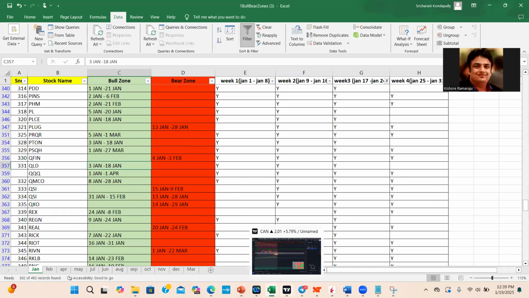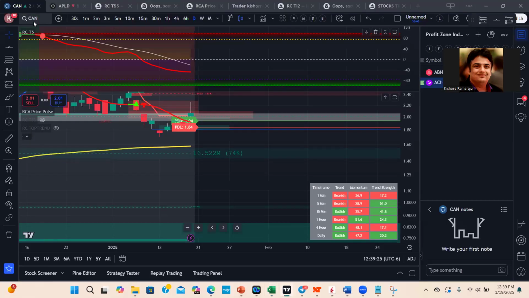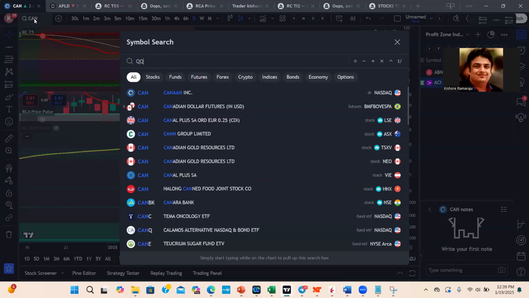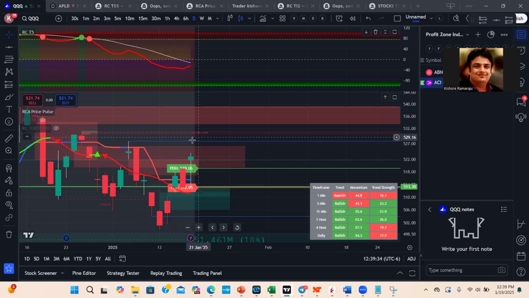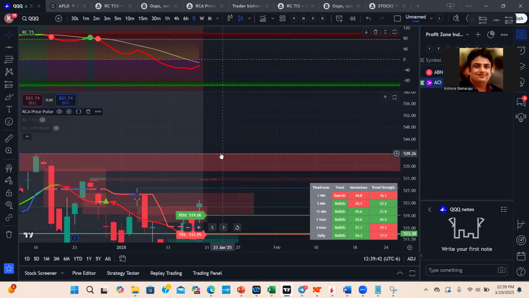QLD, 3rd June to 18th June. Yeah, QQQ is still overall bullish. It can go all the way to 530 tomorrow or in the next 2, 3 days. We can see 530, and your 540 is your all-time high. It may go there one more time, and then we may see a drop.